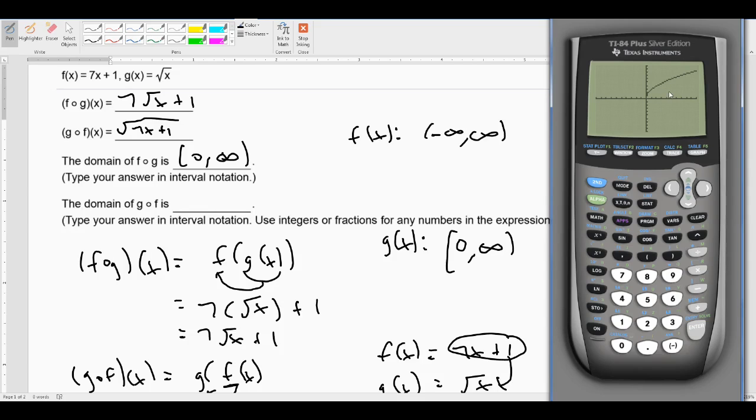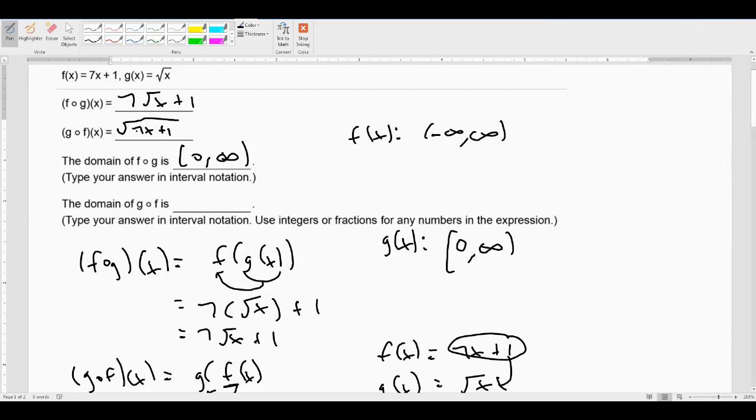It looks like it may be getting to 0. Let's find out. If you hit trace, 0, enter, we do get an answer. Let's try -0.0001. We get an answer also. So 0 isn't the only place where it stops or begins from the left. That means we have to look at something else.